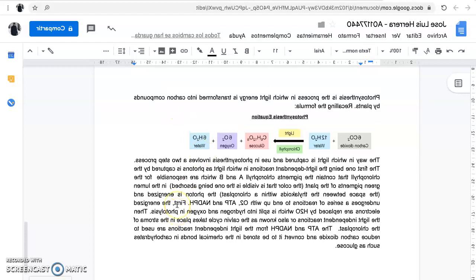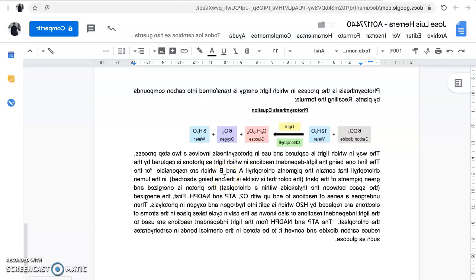Notice how I didn't include all the information that I just said. I also made another summary of it because, as I already said, remember that you are explaining how plants capture and use the light energy.